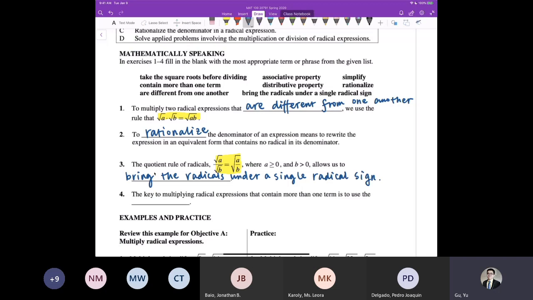This is also like the inverse of what we did earlier when we simplify radical expressions. Number 4, the key to multiplying radical expressions that contain more than one term is to use the distributive property.